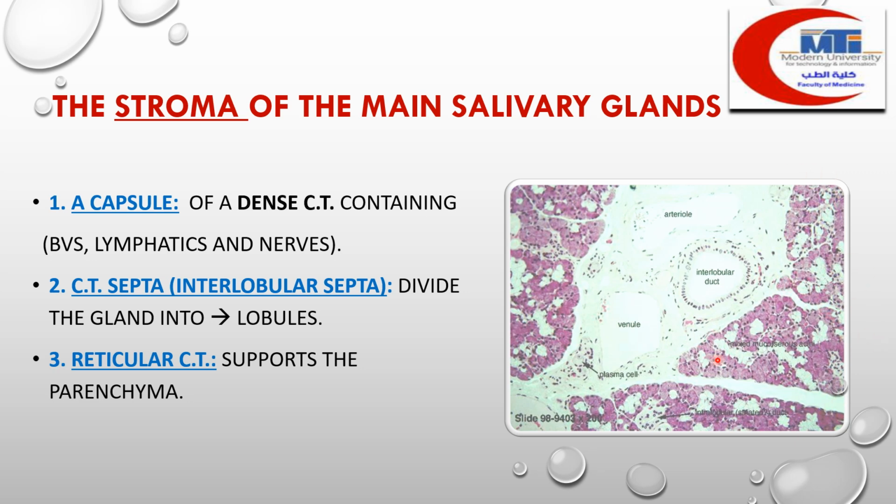This is the septa, and this is the lobule. Also, it is formed of reticular connective tissue. Reticular connective tissue is formed of cells and fibers, forming a network. This network supports the parenchyma.